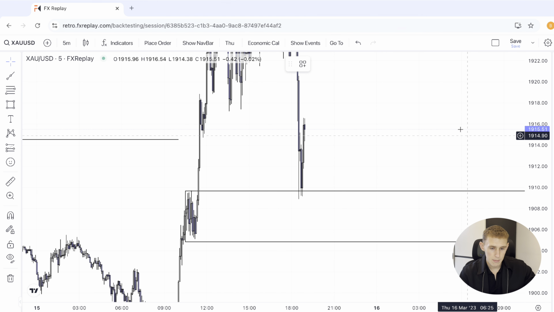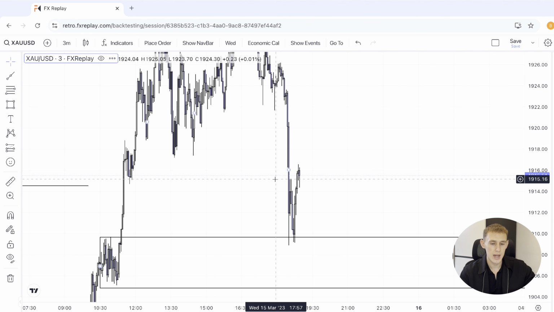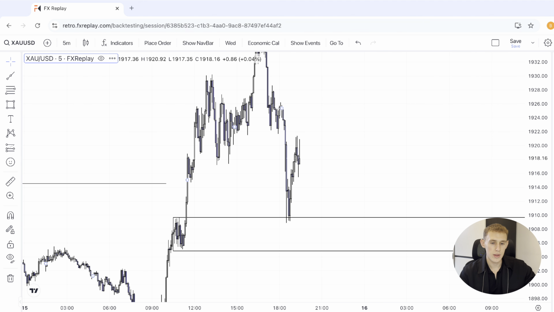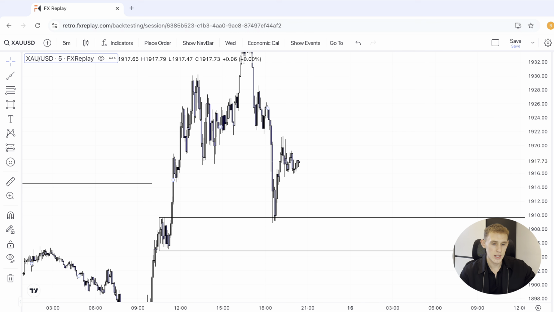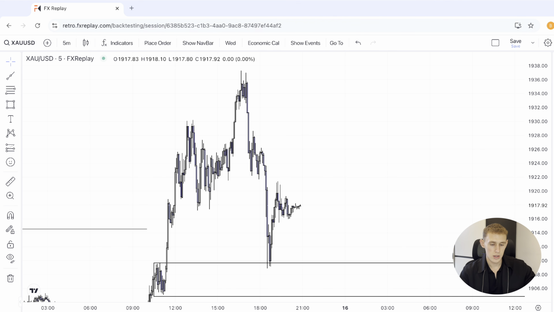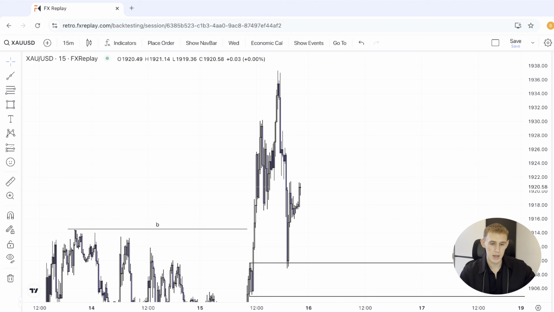Not really any 5 minute structure though at the moment, unless you considered this a change of character, but I wouldn't personally do that because this low did not close below this wick. So it doesn't fit my criteria for valid structure. Only thing I would see is if price breaks above this 5 minute structure, and then we can look for a pullback for the buys. If not, we could see a regrab of the lows, maybe.